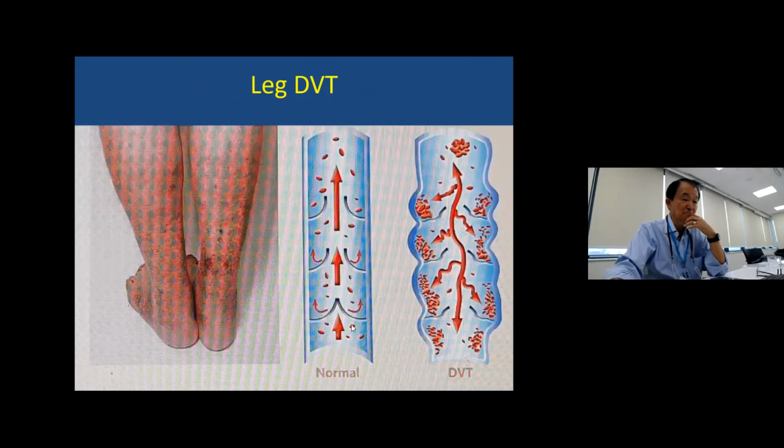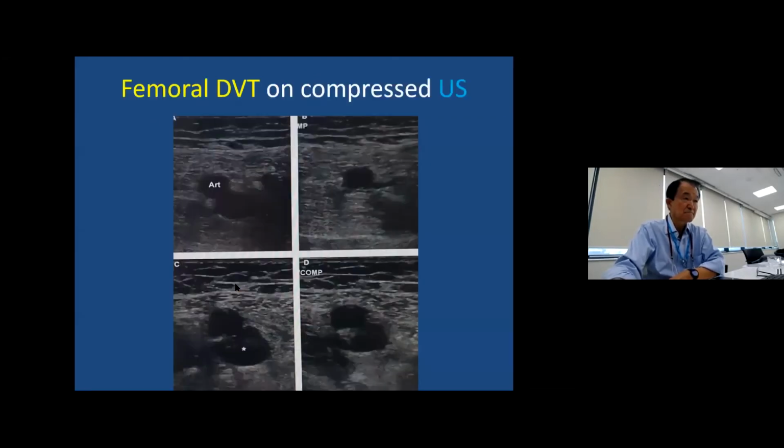So again, normally flow goes here, the valvular system prevents backflow, but if the flow is slow, there is a lot of stagnation here, causing varicose veins and blood clots.